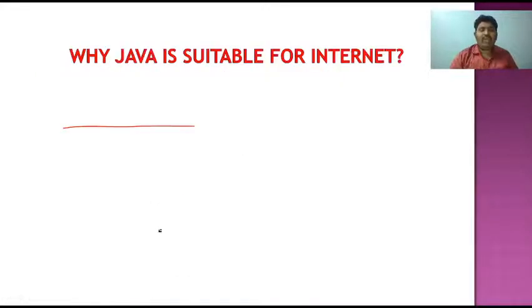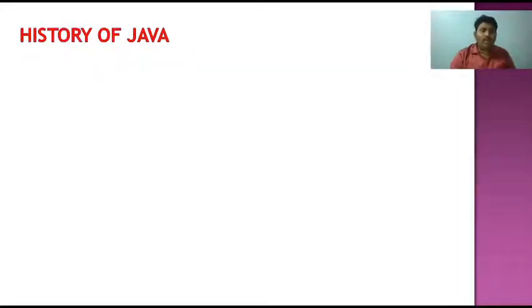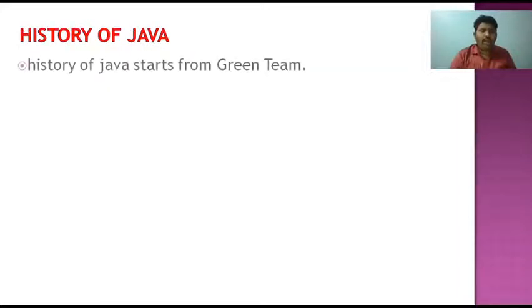That's why we achieve security. Due to these two things, one being system independence and the second being the security advantage, Java is the most suitable programming language over the internet. So the next topic is the history of the Java programming language.